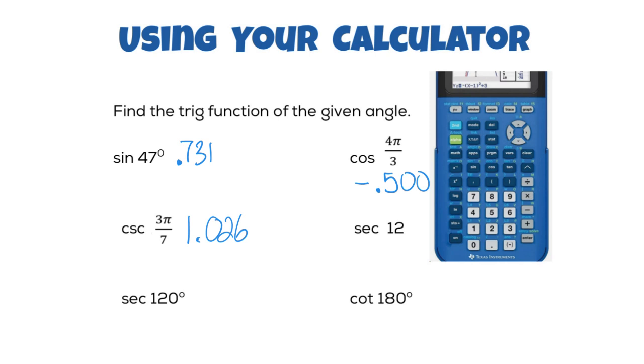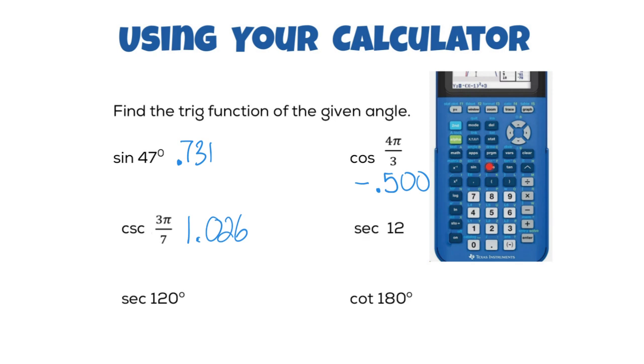Let's do one more. Secant of 12. Now, is 12 in radians or is that in degrees? If it doesn't have the circle, it is in radians. So my calculator's already in radians. So I'm going to go to the secant. So that means I have to do the cosine.